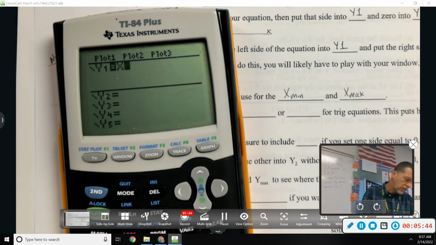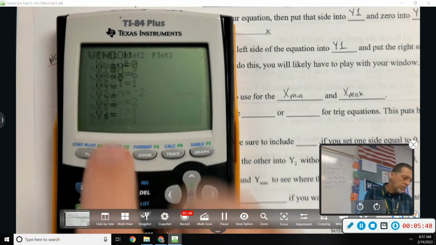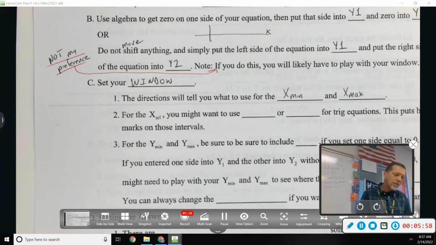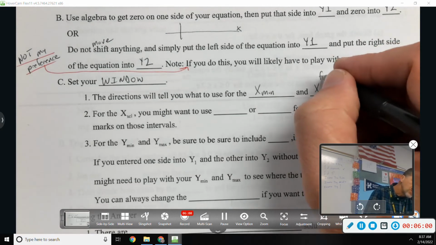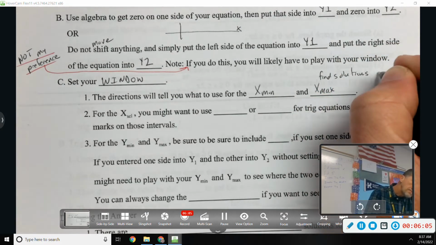It doesn't matter what you put in for y1 right now, but if you go to window, you see an x min and an x max. The problem will tell you what those should be. It's not going to say here's x min and x max. It's going to say find solutions on 0 to 2 pi.